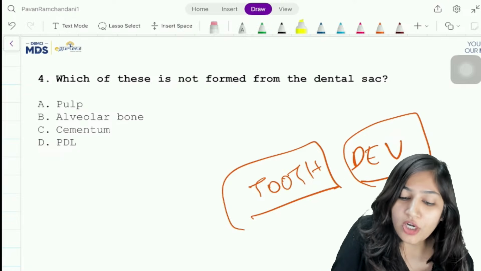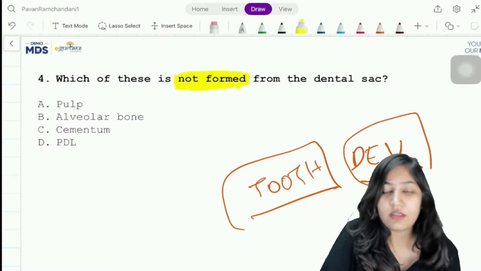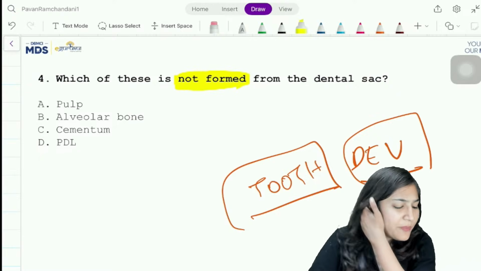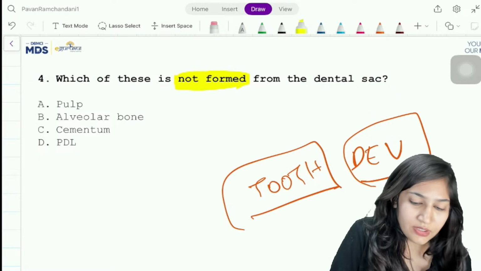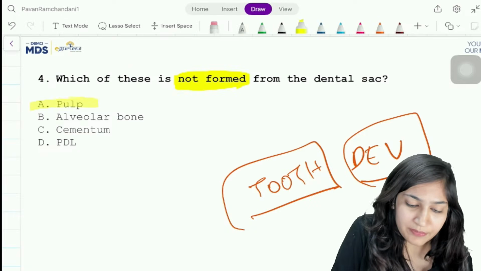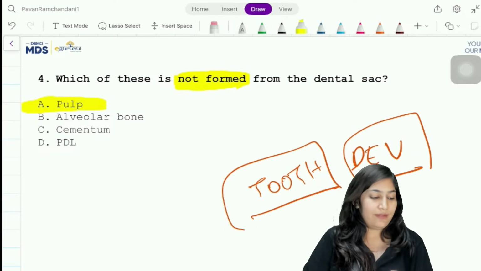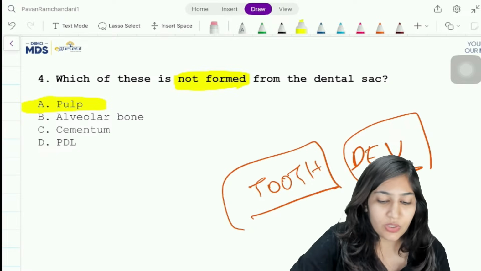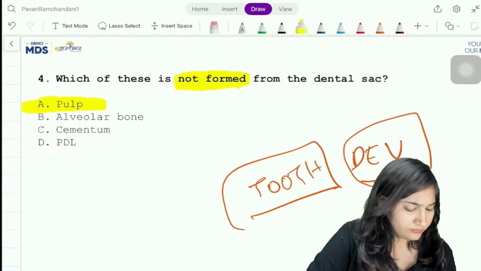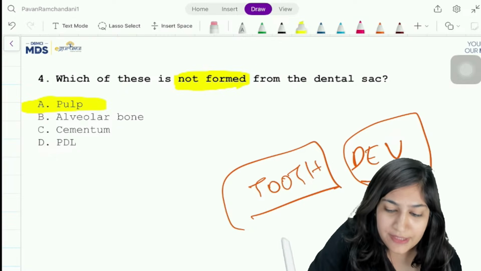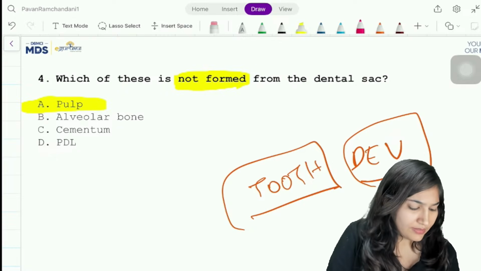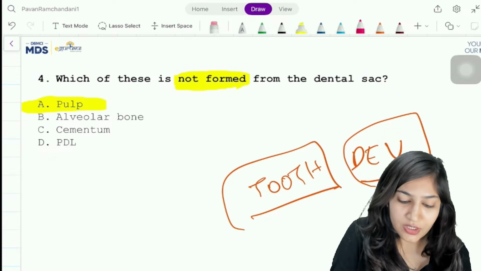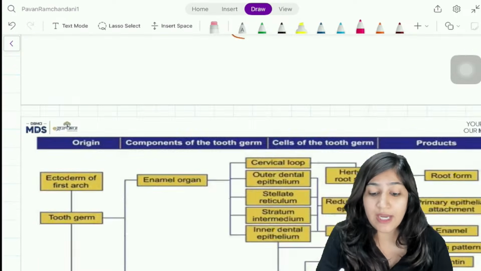It is asked not formed. So what will be the correct answer? Pulp. Okay. Yes. Preeti, Sada. Good. Yes. Pulp is formed from dental papilla. So you should be thorough with this chart, right?